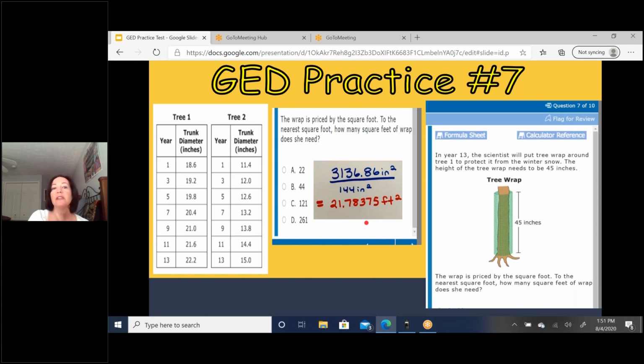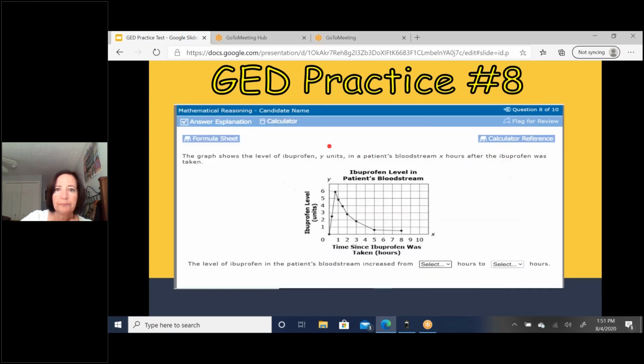It says to the nearest square foot. So hint, hint, we're going to have to do some rounding. How many square feet of wrap does she need? Well, 21.78375 is very close to 22, answer option A, so that's the one we would select. Now finally, 4 points later, we are finished with our tree problem.